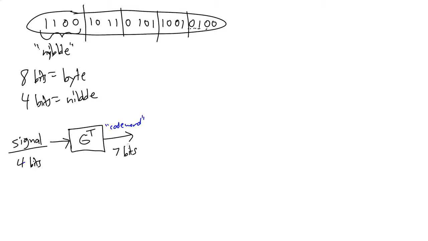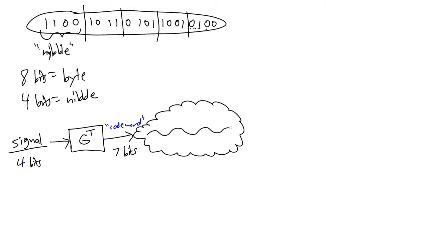But this basically is going to be a 7-bit thing, and it's that 7-bit thing that we are going to send across the noisy channel. So going through this noisy channel, and there's going to be some corruption here, is going to be a 7-bit thing. 1, 2, 3, 4, 5, 6, 7. Okay. All right. So we take a 4-bit thing, we run it through our G transpose function, and we get out a 7-bit thing which we send across the noisy channel.